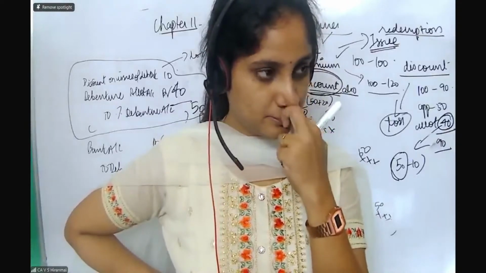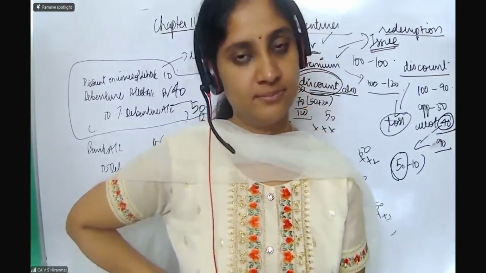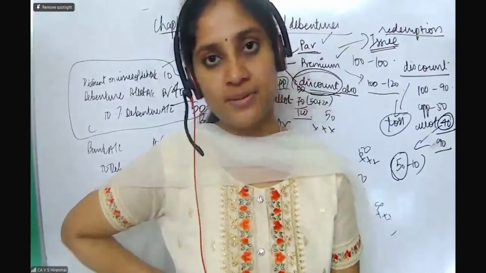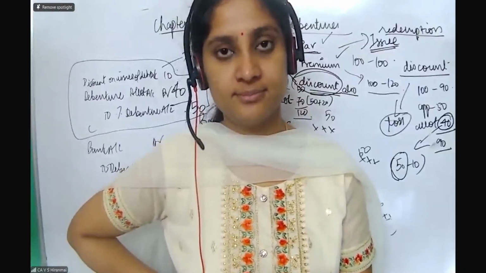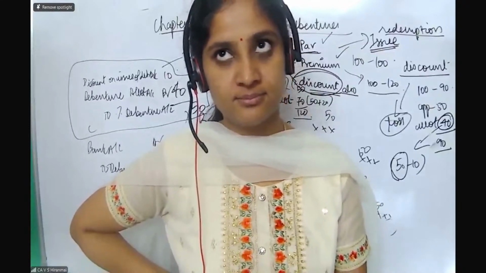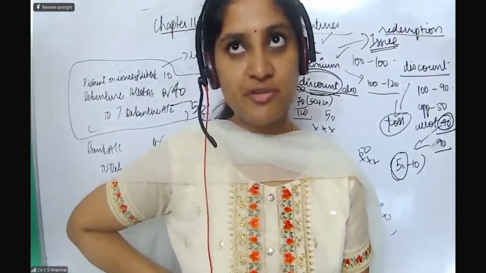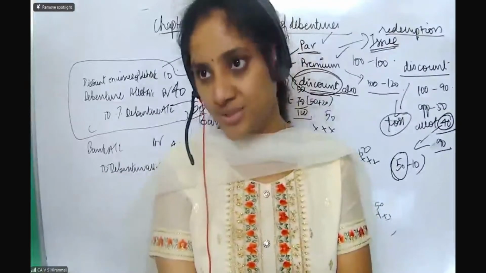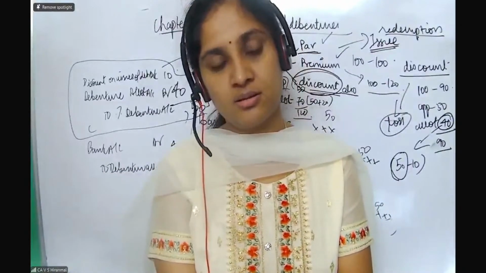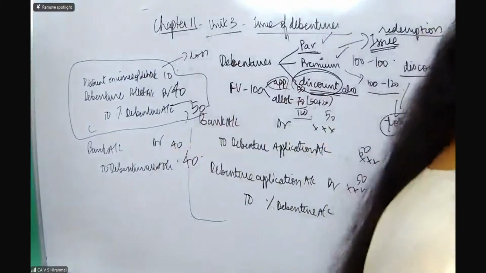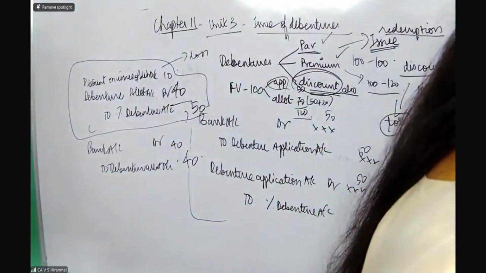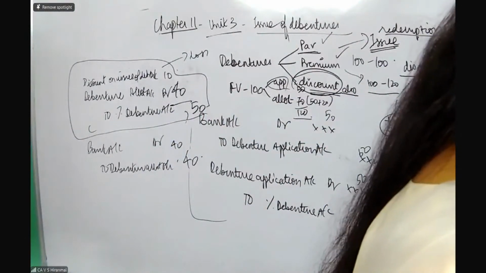Debenture holders are like creditors of the company, ma'am. Yes, they are creditors of the company. And also illustration number 15 in the balance sheet, I can't understand. Illustration 15. Whatever question we did. The shares, right?